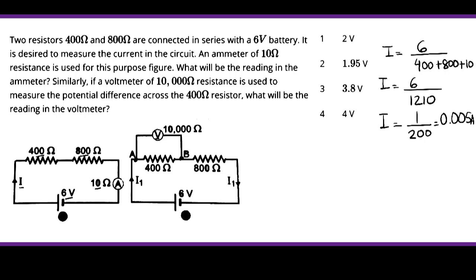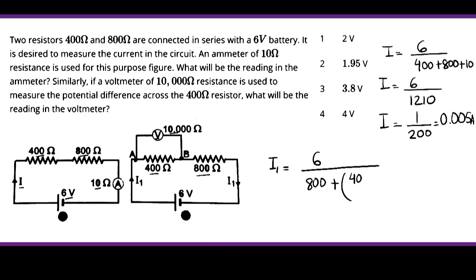So we can say the current in the circuit, I1, in this case will be given as 6 volt, the total potential supplied by the battery, divided by the total resistance, which will be 800 plus 400 and 10,000 ohm in parallel.